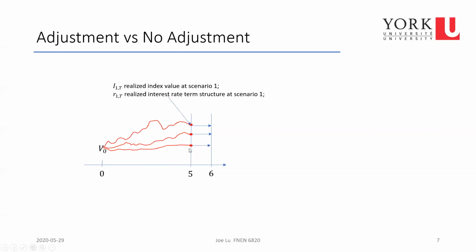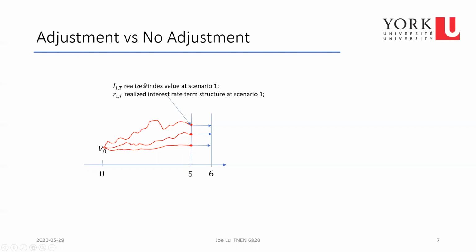Here I presented 3, but in principle you should have a lot of those, say 100,000 of them, right? And you also have the realized interest rate term structure at year 5. So here I is the realized index value of scenario 1, which is this particular point here for the maturity time T equal to 5. And on this point, you also have a realized term structure of interest rates.